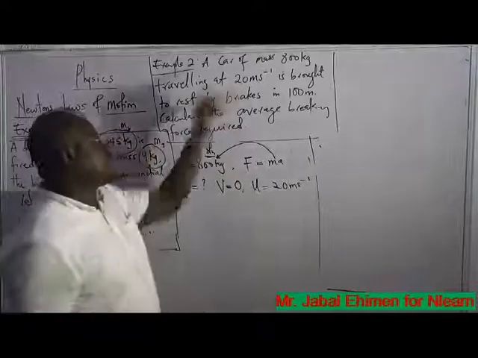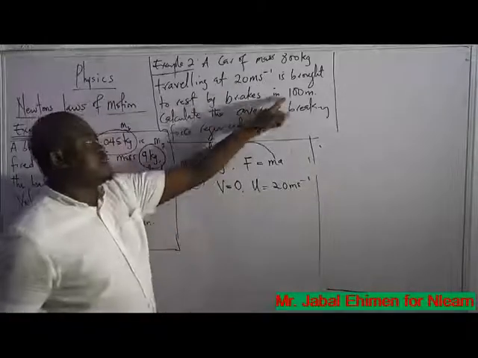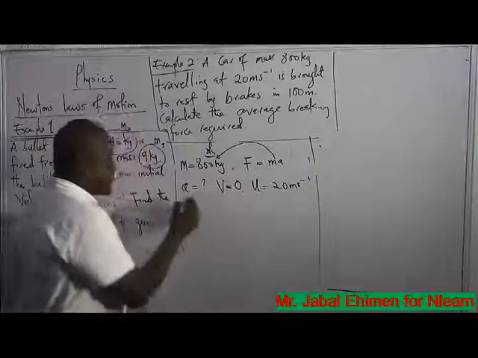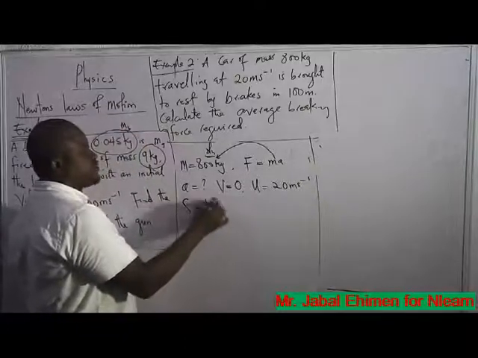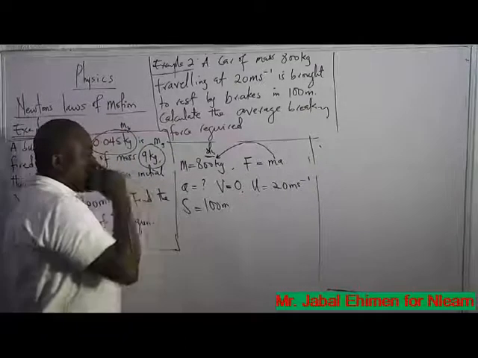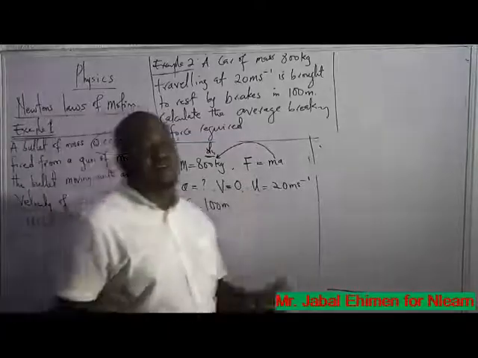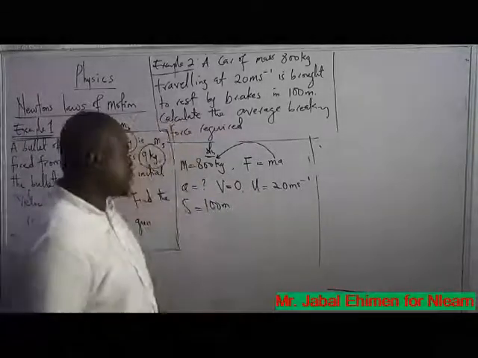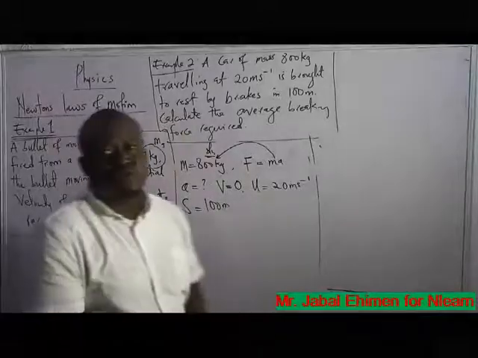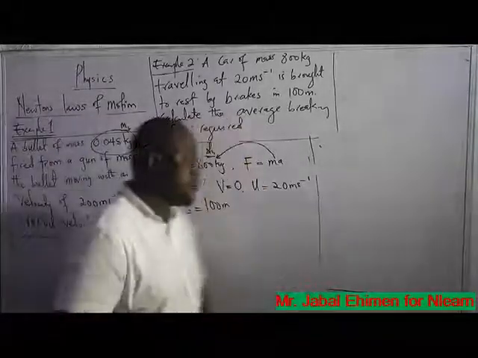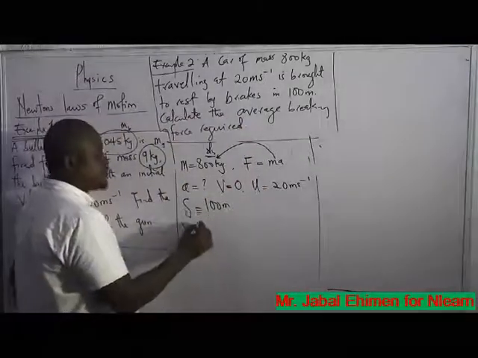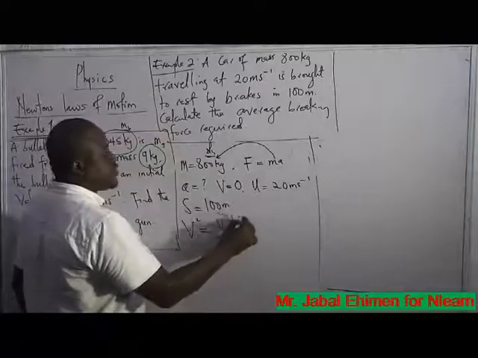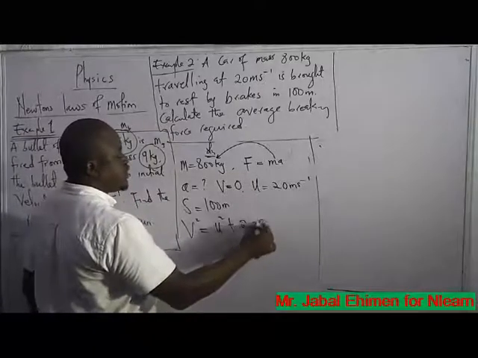Brakes are applied in 100 meters, so the distance is 100 meters. If you look at these three statements, which equation of motion can be used to find the value of a? It's simple. It is v squared is equal to u squared plus 2as.